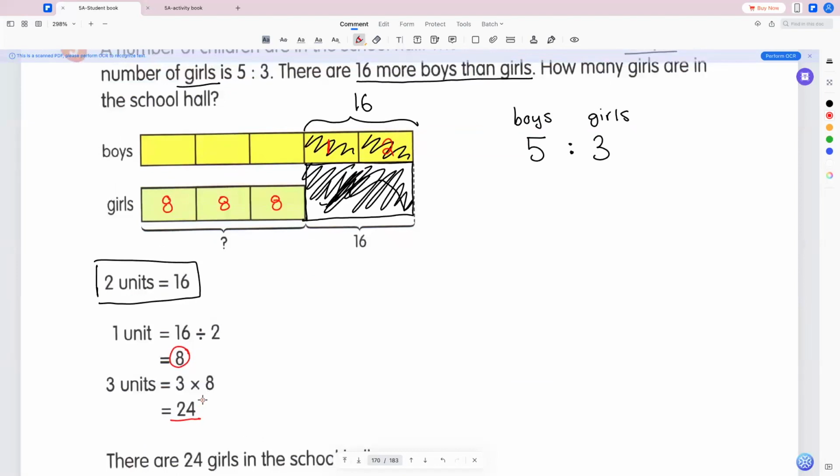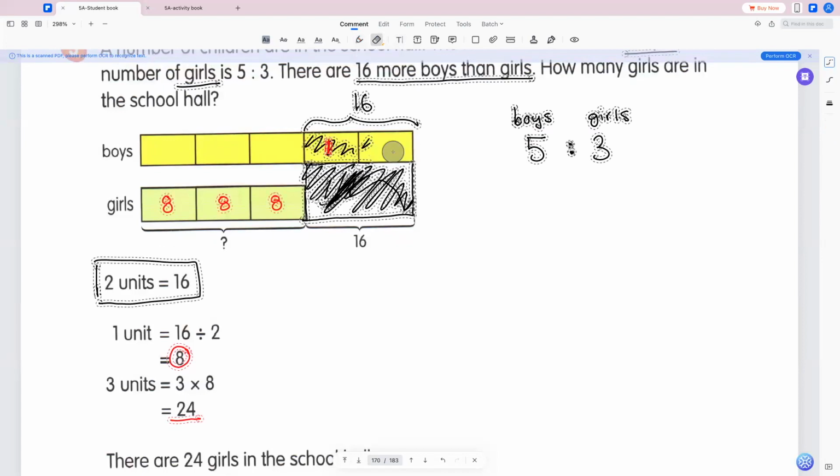Can anybody tell me how many boys are there in the school hall? Yes, Jolene, go ahead. 40 boys. Good job. Yes. And I see, Lana, were you going to say the same thing? Awesome. Yes, exactly. And we can do that by following the same set of steps.